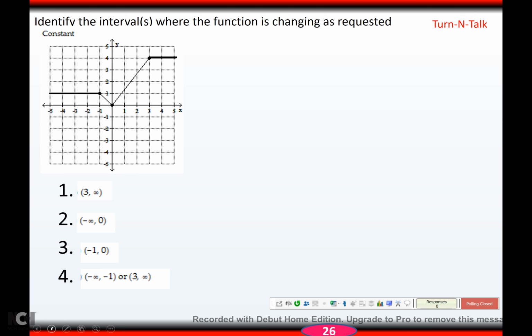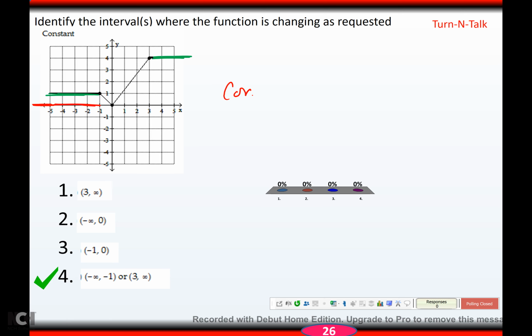Okay, this one they want the constant areas. Hit pause, come back when you're ready. And hopefully you got this. It's constant from here to here and from here to here. Those are the constant ones. That corresponds to all the way to infinity, stopping here.